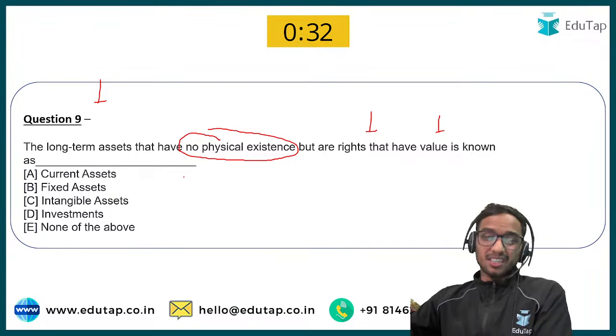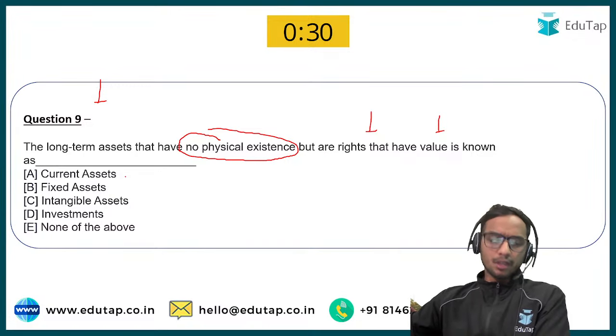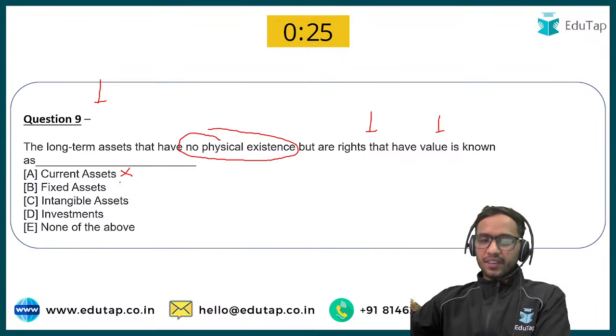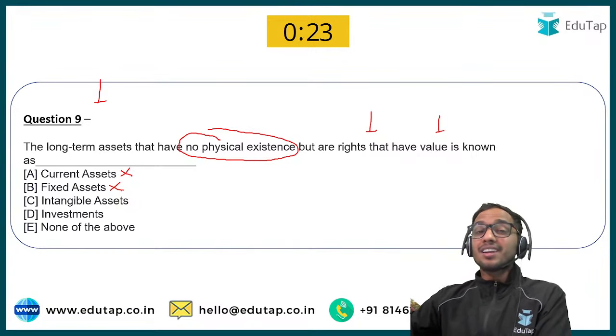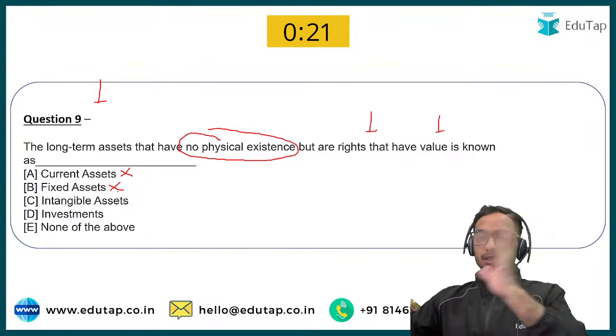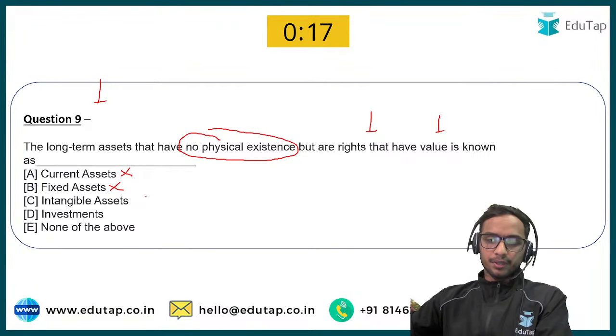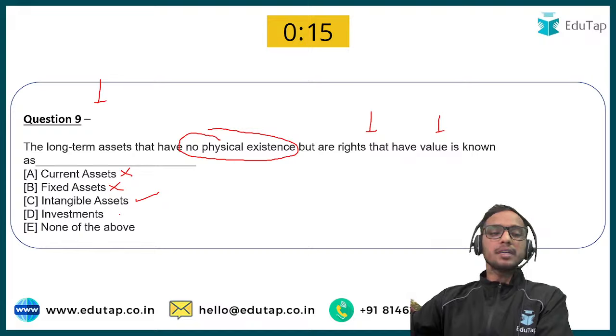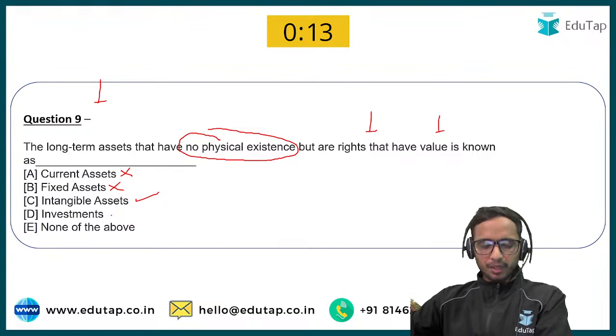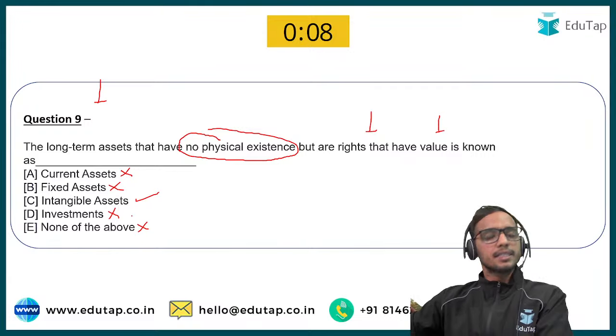So tangible asset is obviously not the option here. Okay, don't worry. Current asset? No, it is not the current asset. Fixed asset? No, it is not. So the opposite of tangible asset is the intangible asset. So we have the answer as option number C. Very, very easy question, right? Investment? No. None of the above? No. So the correct option would be option number C here.